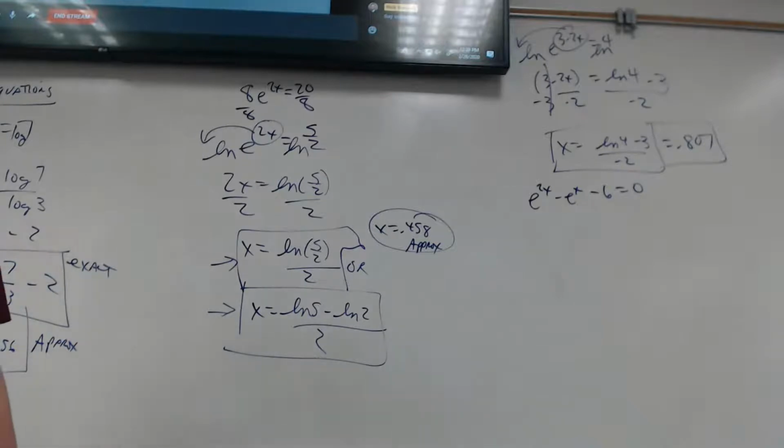Well, first, I would do 6 to the other side, so add 6. You could add 6, and that would make the problem harder. Oh, well, then just could do natural log.